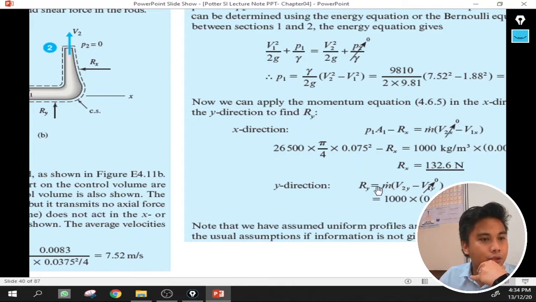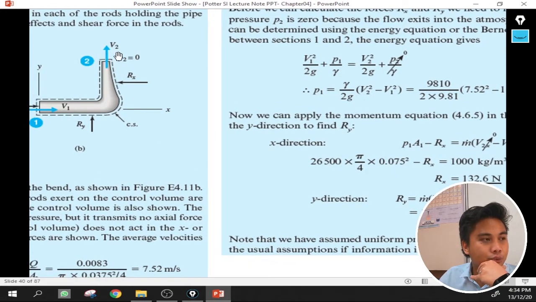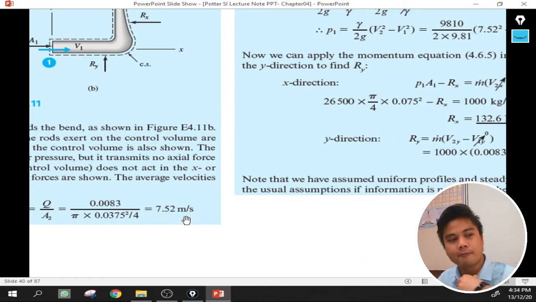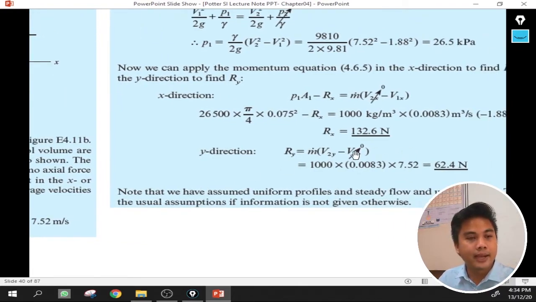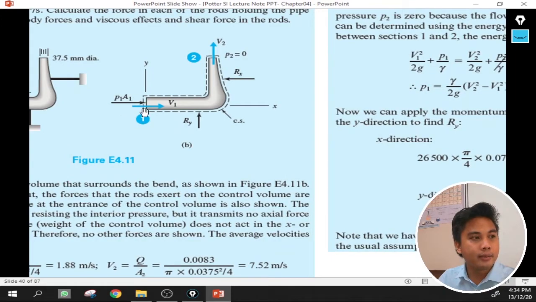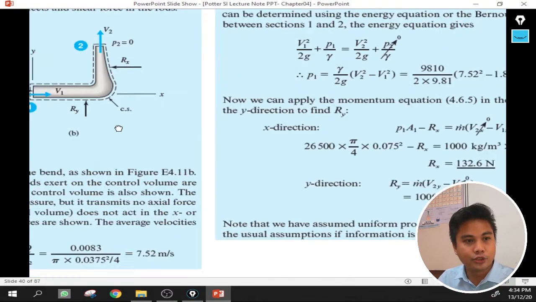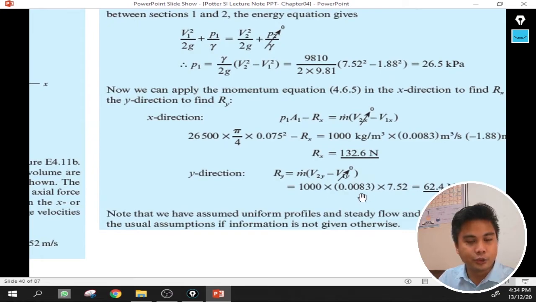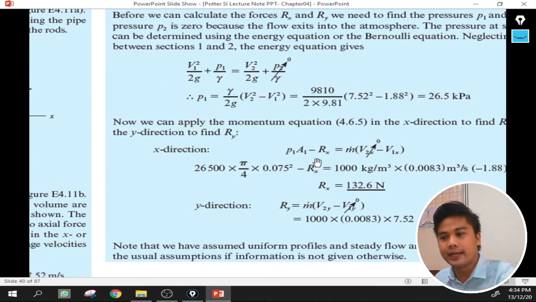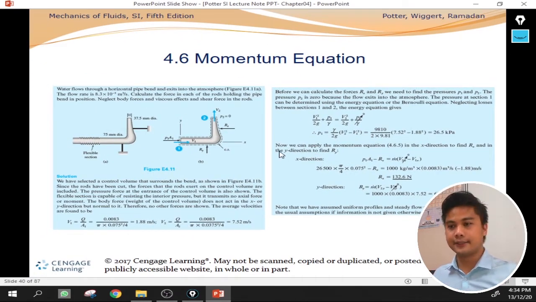V2y, you can see this is the V2y component, the value that we have calculated before, which is 7.52. And minus V1y, there is no y component, so it is equal to 0. You calculate this value, and you get Ry equal to 62.4 Newton. Therefore, that is the final answer.